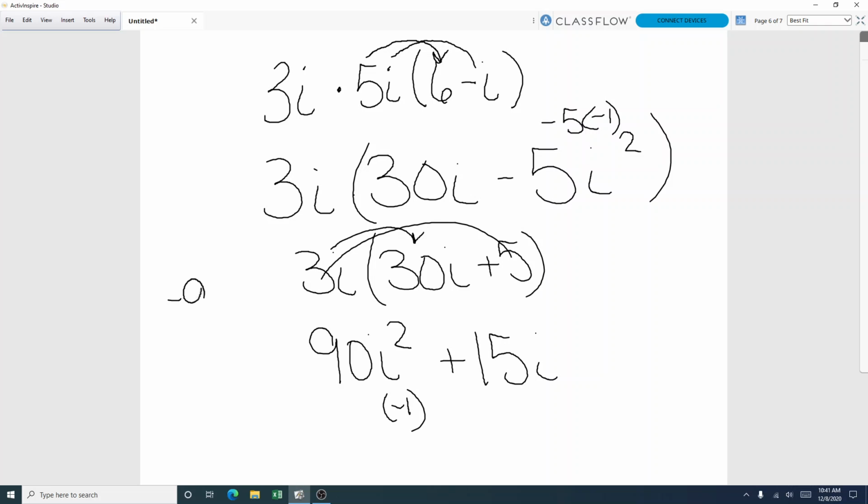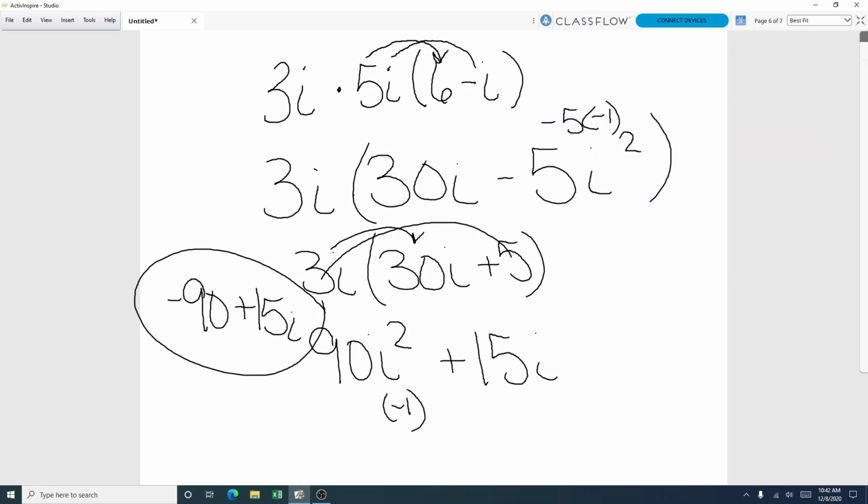So -90 plus 15i. Could you do like 3 times 5 first and do it from there? It's probably going to throw off your order. I'd have to work it out. I always do parentheses first because order of operations. Okay, but it may give you the same thing.